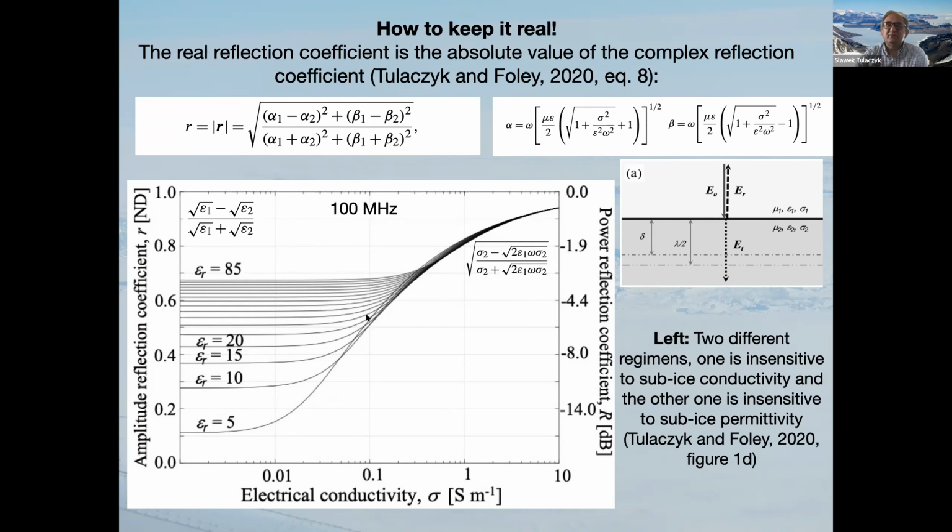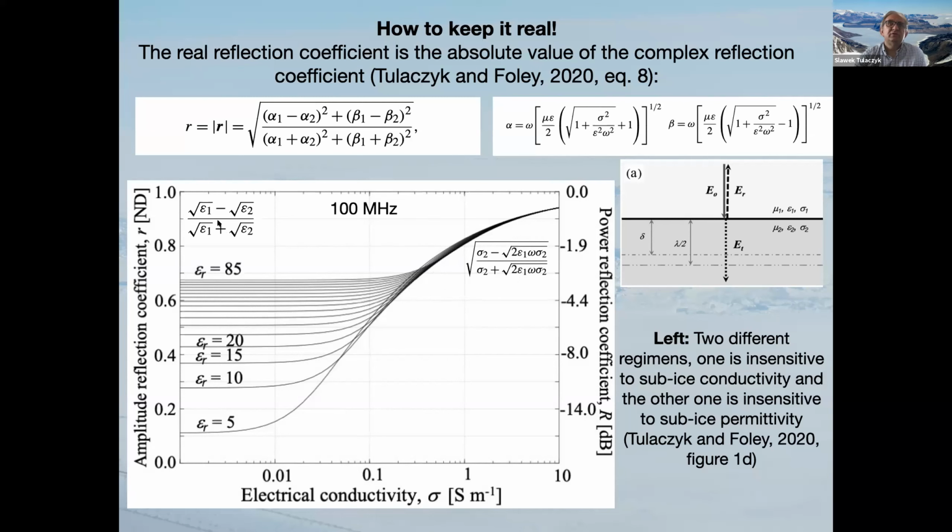The permittivity of subice material is negligible, or its impact on reflection coefficient is negligible compared to the impact of conductivity on reflection coefficient. And this is basically the electrical conductivity version of this equation, where only electrical conductivity of subice material matters to reflection strength.